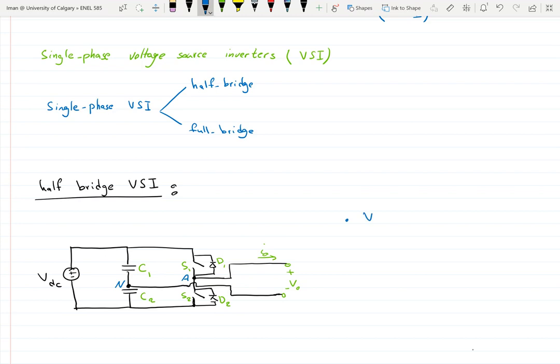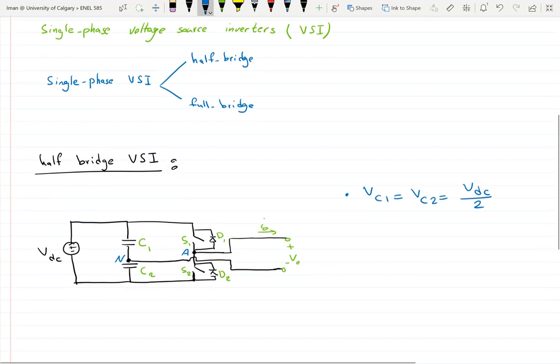Okay, so in here, the voltage across capacitor C1 and C2 are equal, and they are both equal to half the input voltage VDC.